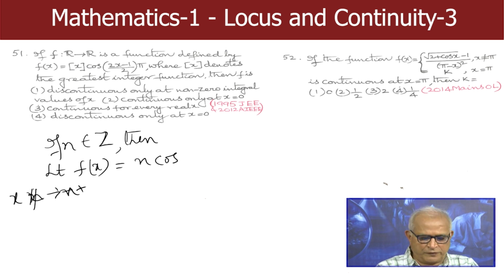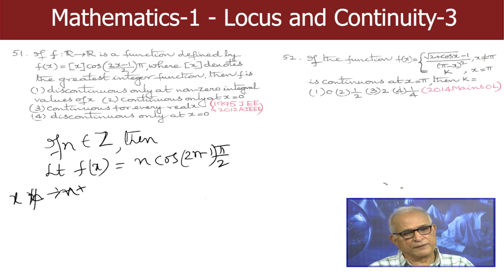Cosine is a continuous function, cos of 2n minus 1 into pi by 2. 2n minus 1 is an odd integer. Cosine assumes the value 0 at every odd integer multiple of pi by 2. So 2n minus 1 times pi by 2 is an odd multiple of pi by 2 and cosine is 0. So this is equal to 0.